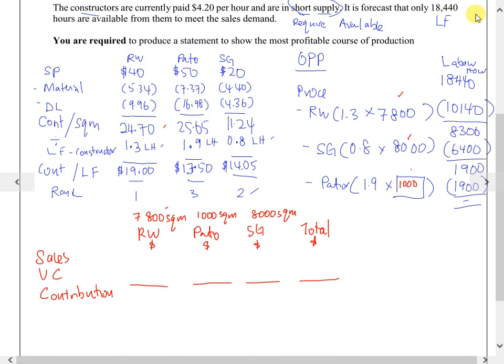So how much is this? 192,660. You take your contribution per unit or per square meter times your total square meter here.